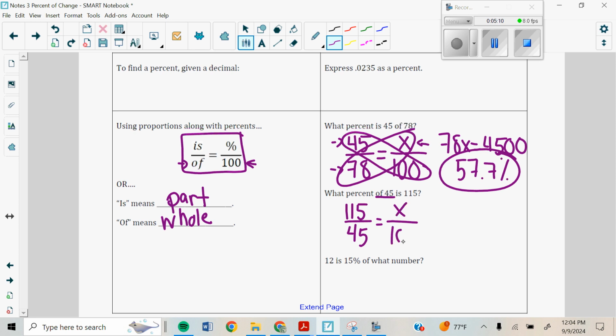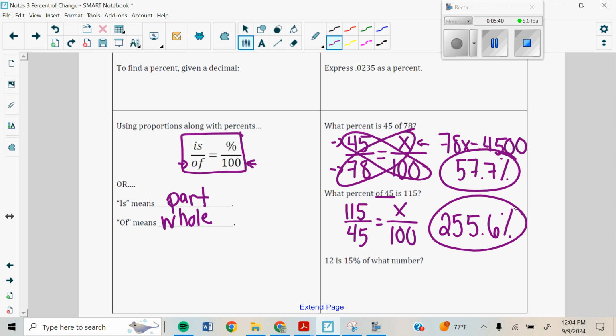It's always based on how it's written in the equation. So go ahead and cross multiply. Take 115 times 100, and then you're going to divide by 45. Hopefully you're doing that on your calculator. And we get 255.6%. Notice 115 is bigger than 45, so we expect to see percentages larger than 100.